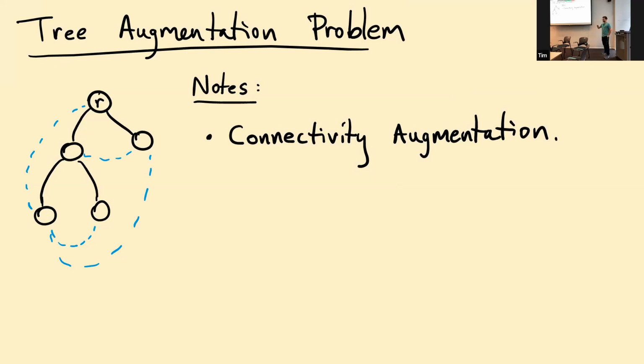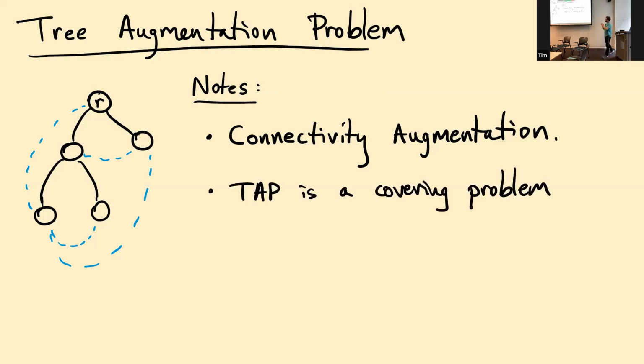So if I want a 5-edge connected graph to be 6-edge connected, that reduces to tree augmentation. And if k is even, you reduce to something else called cactus augmentation. And these reductions are approximation preserving as well. So this is a pretty important problem, especially since in a lot of network design problems, one of the subroutines in the algorithm is an augmentation step. So TAP is a pretty important problem.